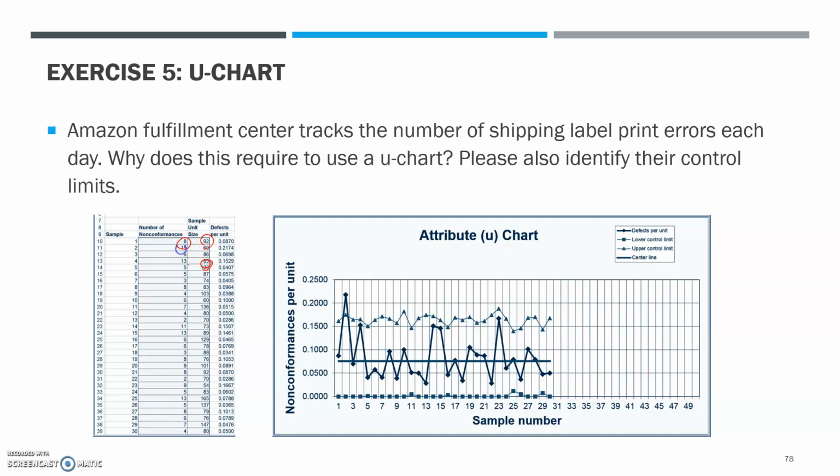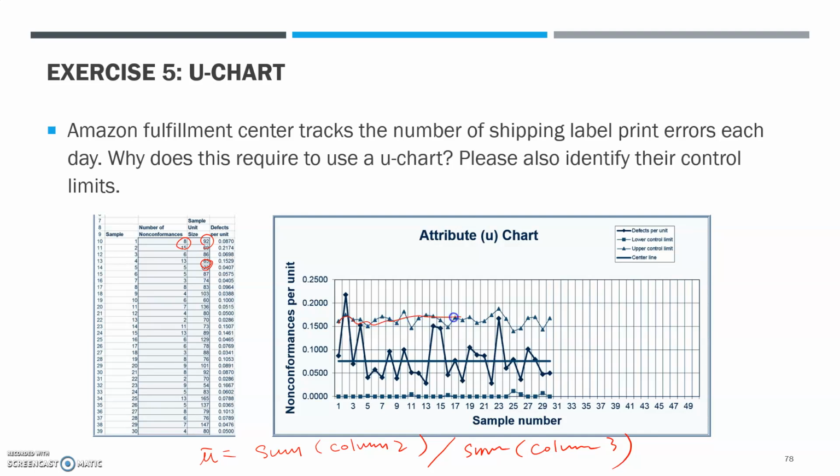The number of nonconformances is of course different. Therefore, use U bar equal to the sum of column 2 divided by the sum of column 3, right?